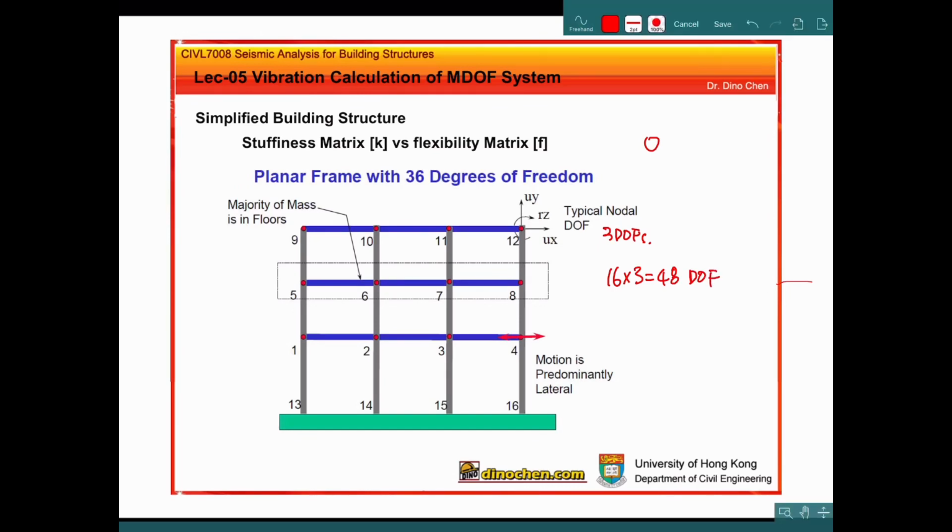But we can use what we call the flexibility matrix to transfer this system to a 3 DOF system, because this is a three-story frame. This simplification method is quite simple, but we need to do some static analysis for this frame structure, or even a shear wall structure is also okay.